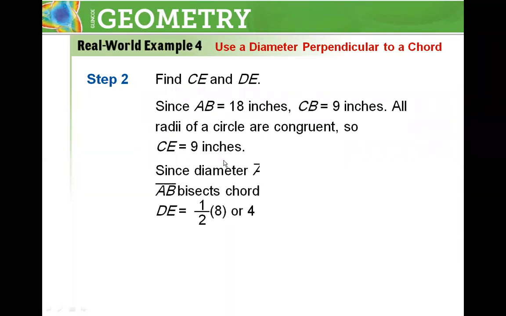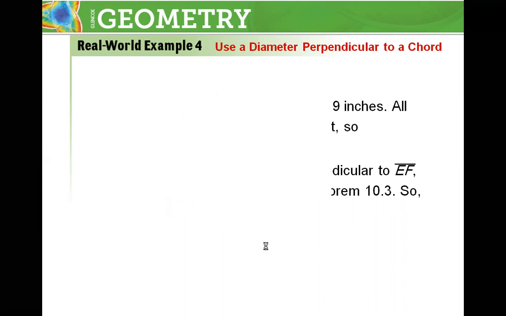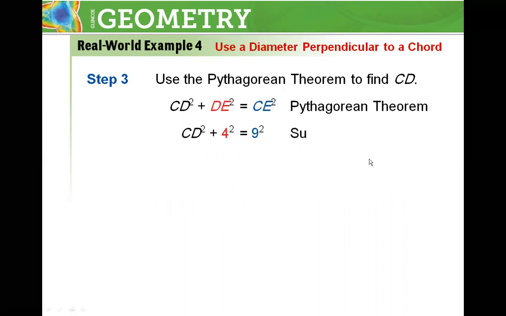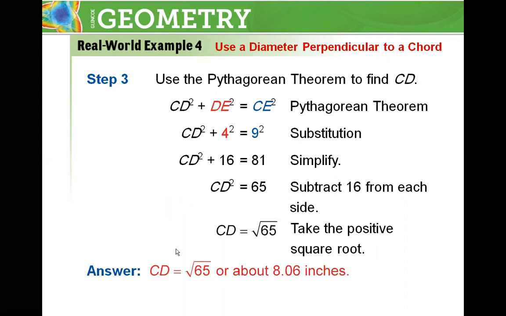And as the theorem says, the chord is bisected, so it equals 4 inches. Now we use the Pythagorean theorem to get CD, as Muhammad said. So by using the Pythagorean theorem, we get the square root of 65, or about 8.1 if you approximate to the nearest one decimal place.